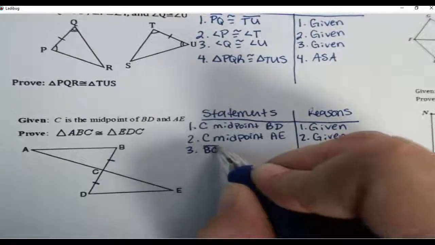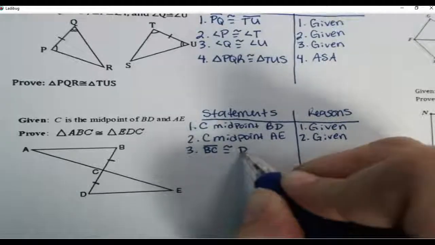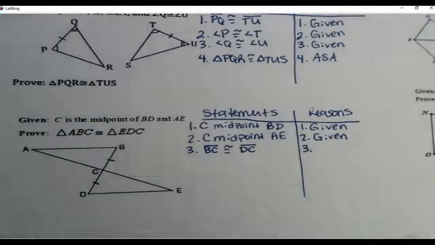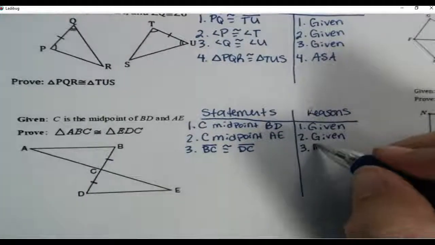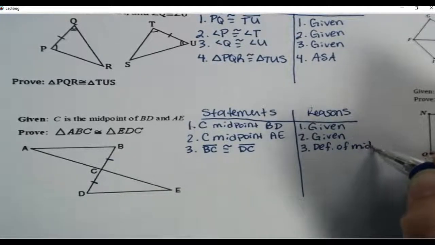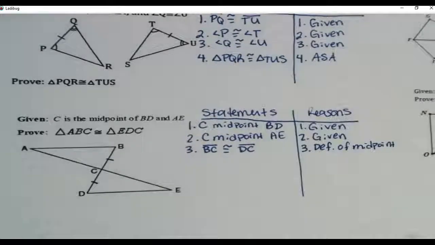BC is congruent to DC. And we knew that because it told me it was a midpoint. So our reason is definition of midpoint. Okay? So that's what it means when it says something is a midpoint. It means it is in the middle, it's cutting it into 2 equal pieces.